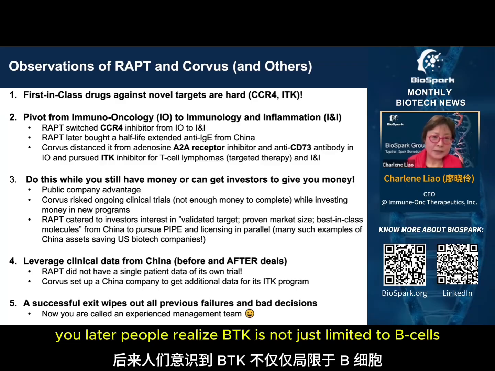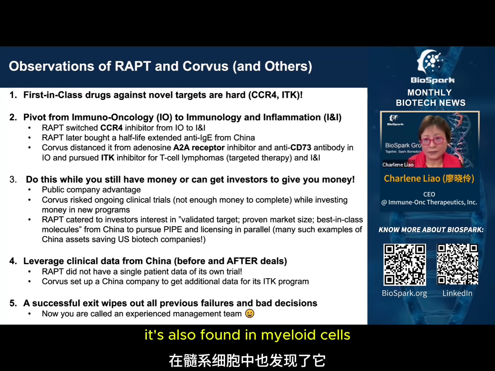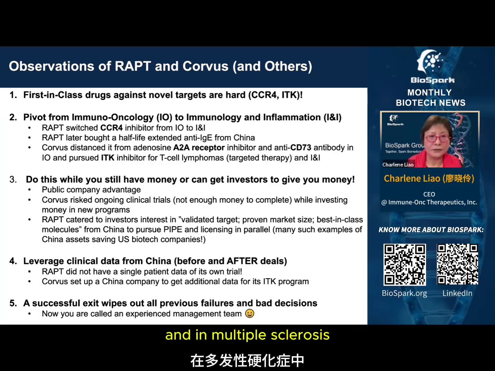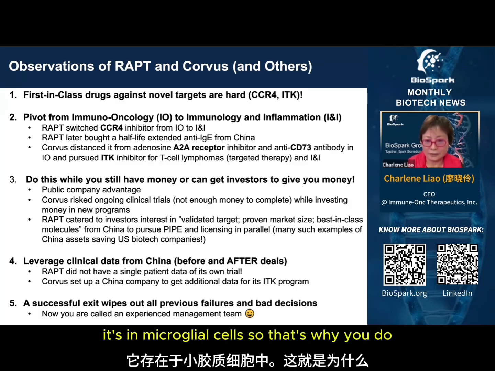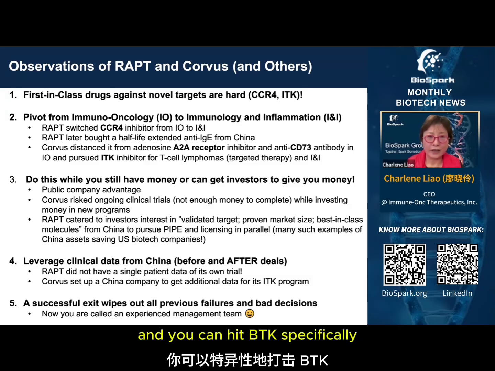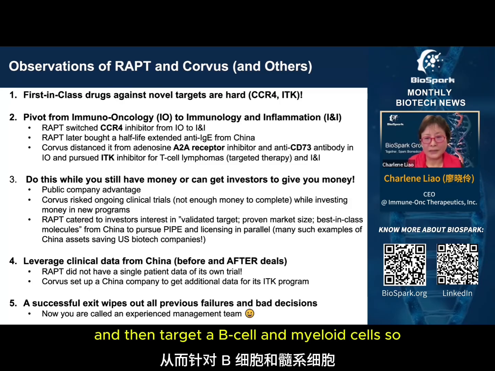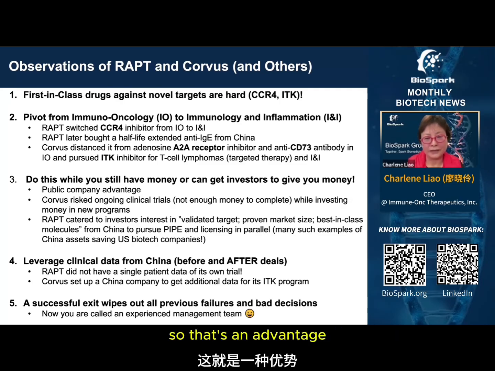later people realized BTK is not just limited to B cells. It's also found in myeloid cells, and in multiple sclerosis, it's in microglia cells. So you can hit BTK specifically and target B cells and myeloid cells. That's an advantage.